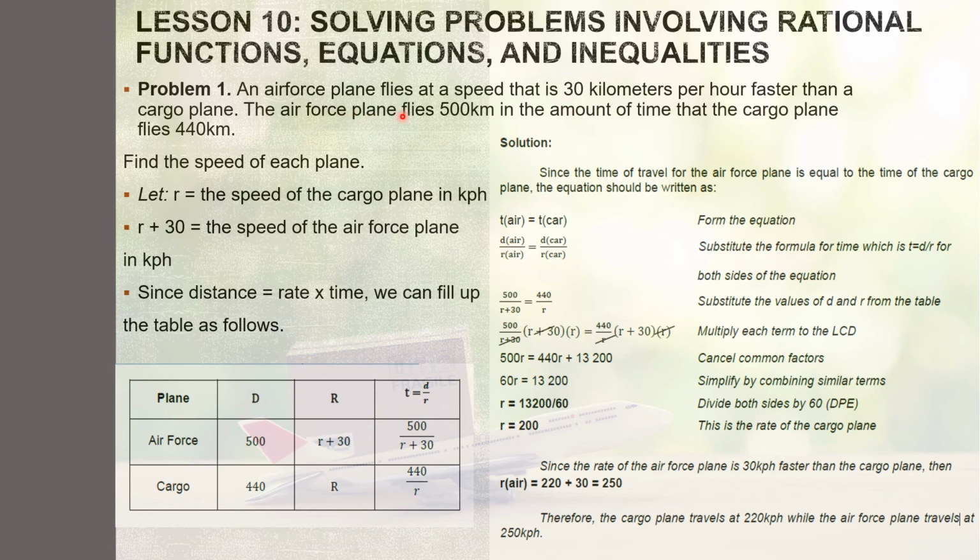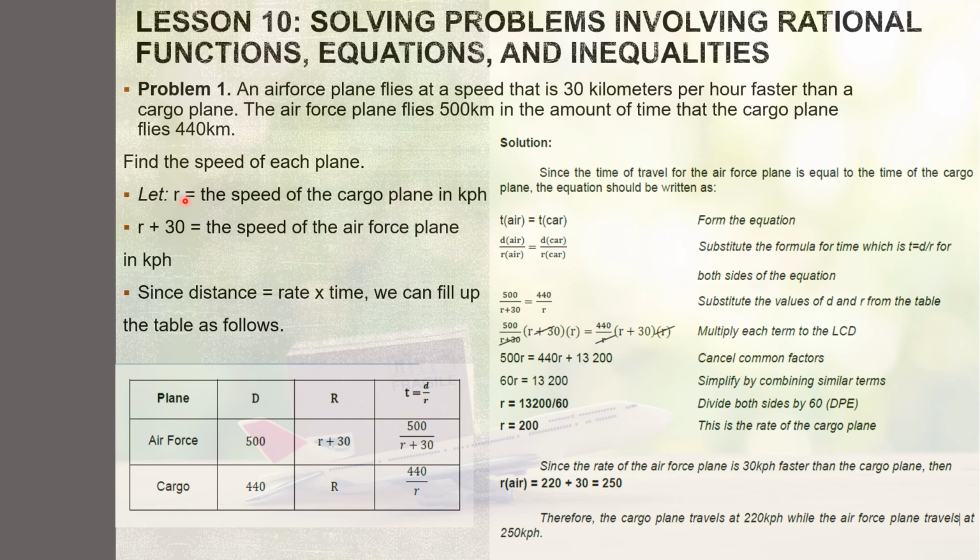The Air Force plane travels 500 kilometers, and the cargo plane travels 440 kilometers in the same amount of time. So, find the speed of each plane.